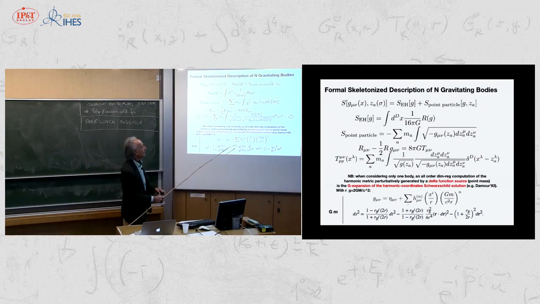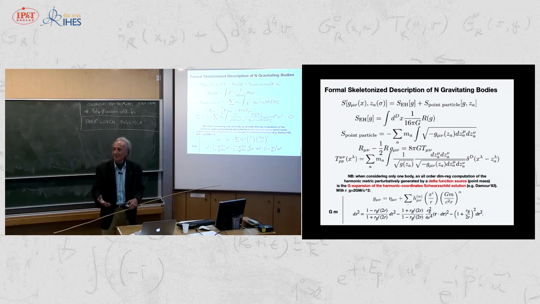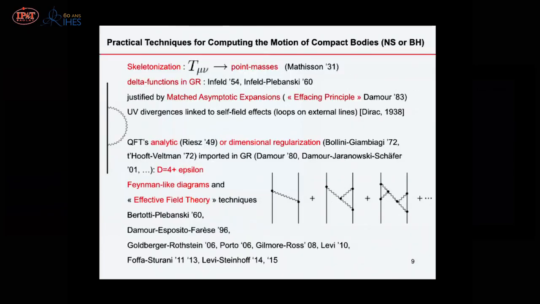What you find is this thing expanded in powers of G. So you check, which is what Schwarzschild had found actually, that a point mass generates a metric expanded in powers of G, but if you resum this metric, you get really a black hole. So it is in this sense that although black holes are not point masses, if you use point masses, you do get finally, by this effacing principle, the gravity of black holes.